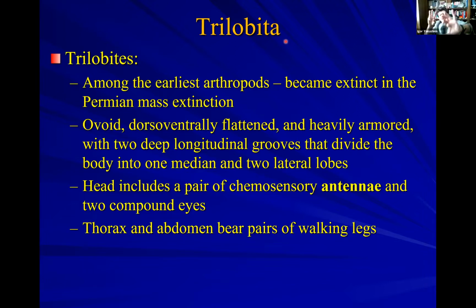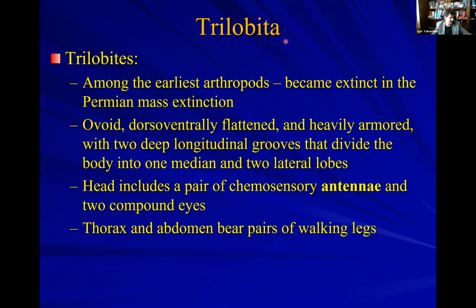Tri means three lobes. You can see the left, the central, and the right side of the creature. All of them were, as far as we understand, marine creatures, and heavily armored. As you can see, we can still see the shells. It's a fossilized trilobite, but they had compound eyes and three parts of the body.